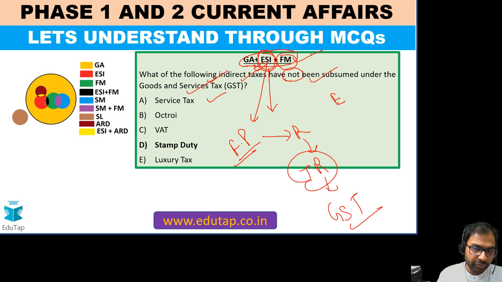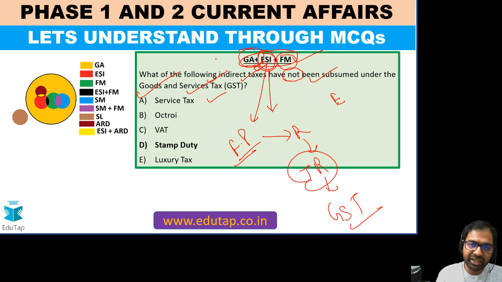There is a topic of what in finance and management? Good. There is a topic of direct and indirect taxes, and there is a topic of GST also. This is the reason this question can be asked in finance and management. This is the precise reason why this question can be asked in the paper of finance and management.